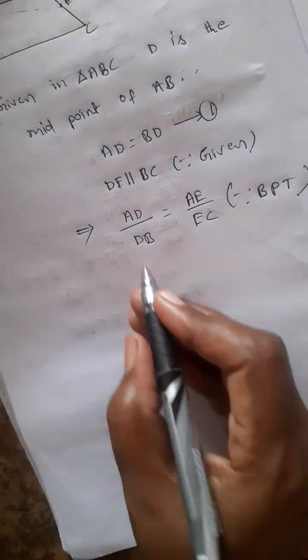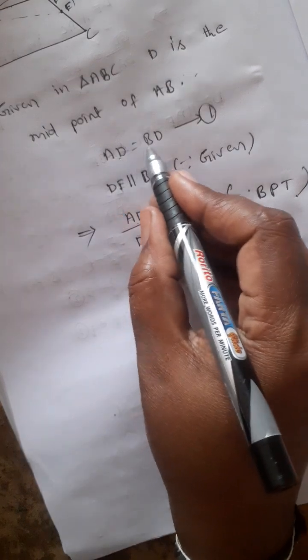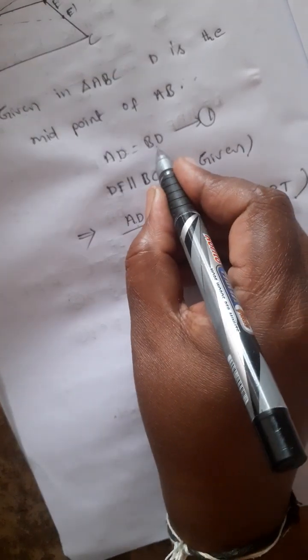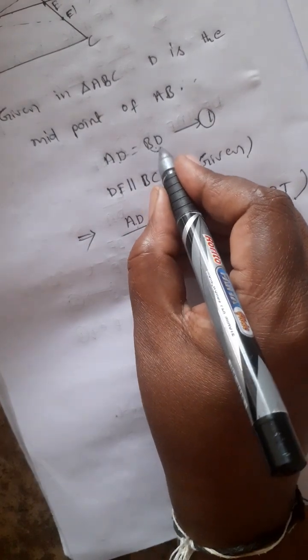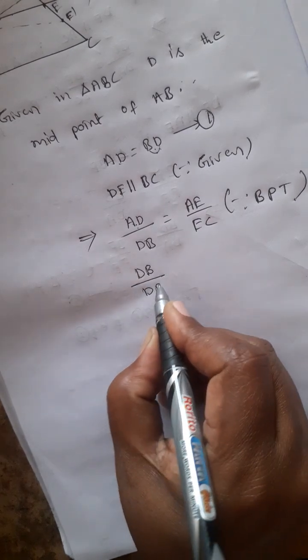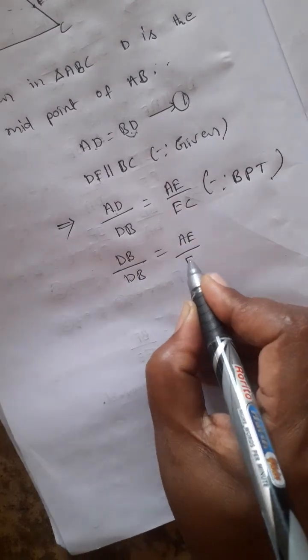So now, from equation 1, AD equal to BD. In the place of AD, I am writing BD, otherwise DB also we can write. DB by DB is equal to AE by EC.